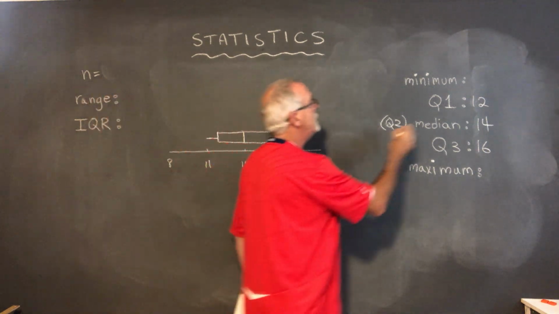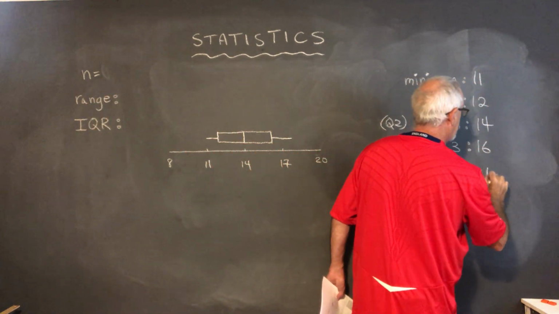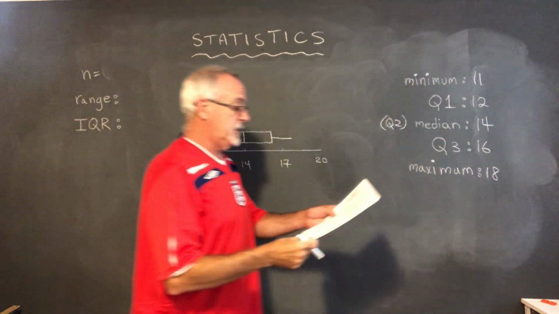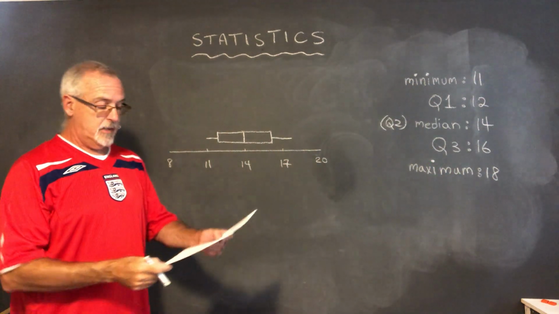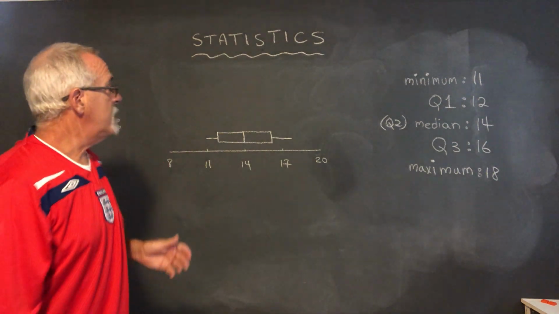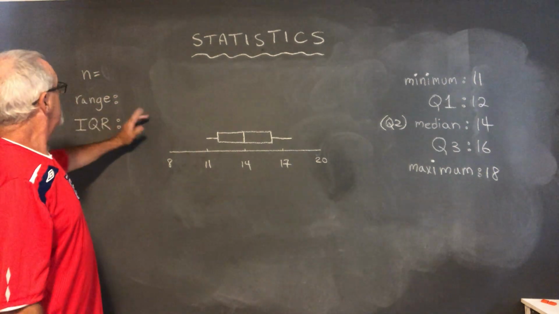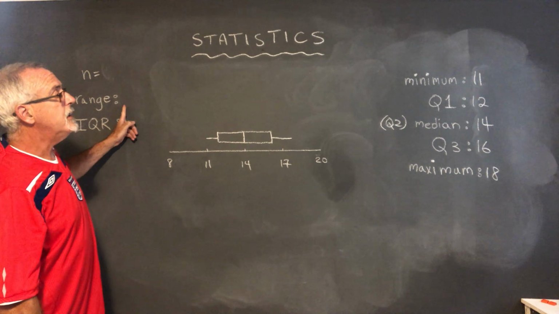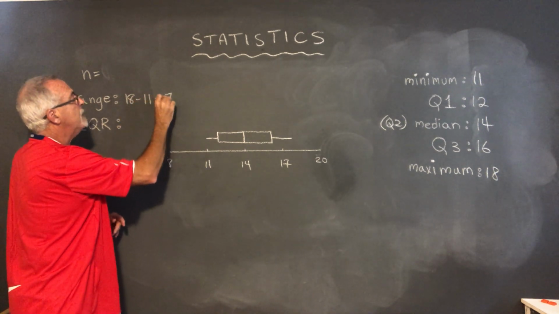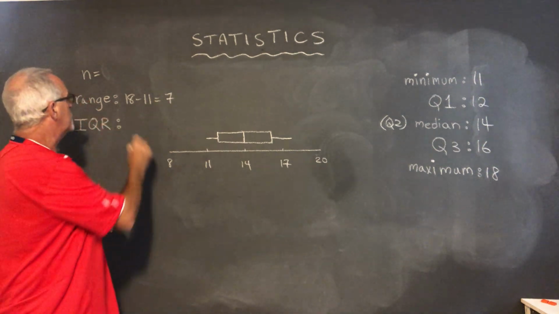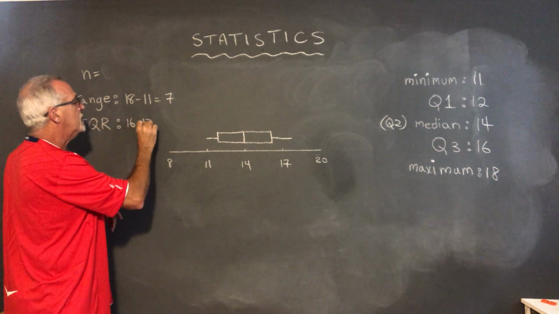The maximum is 18. Teacher double checks to make sure that he didn't make a mistake. Didn't make a mistake. We may as well give our range, which is going to be 18 minus 11, which is 7, and our interquartile range, which is 16 minus 12, which is 4.